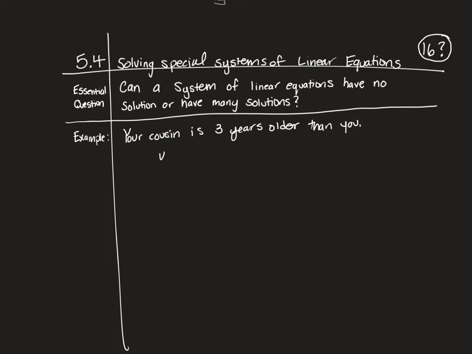So we're going to say that y, or how old you are, is in terms of the time. y equals t. And your cousin's age is your age, which is t, plus 3, because he's 3 years older than you. This equation represents your age, and this represents your cousin's age.